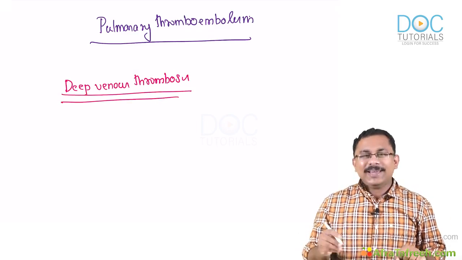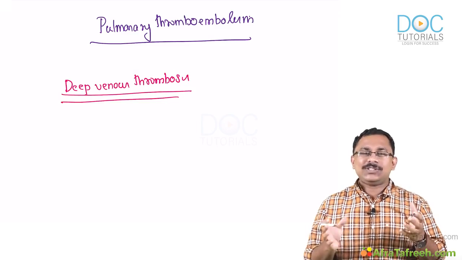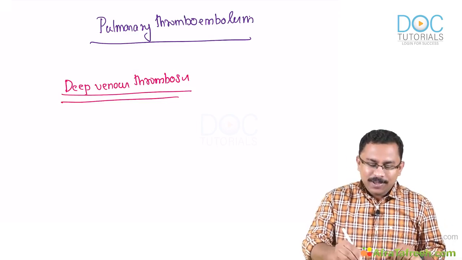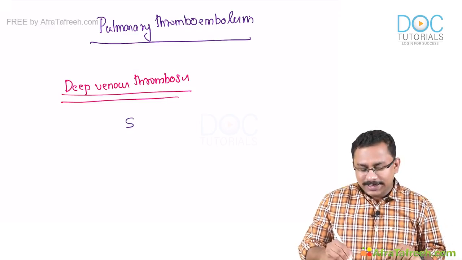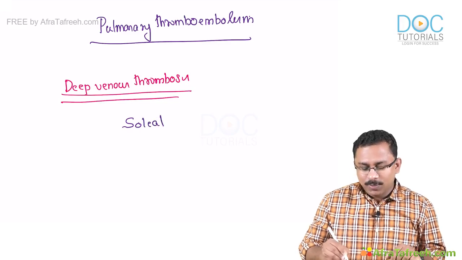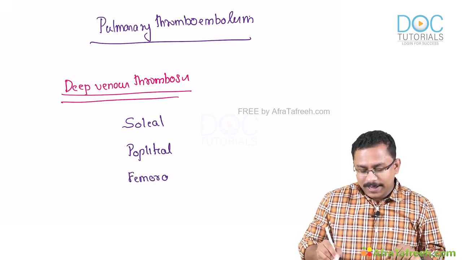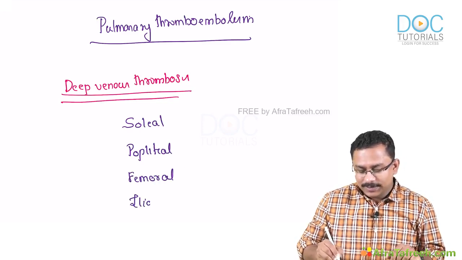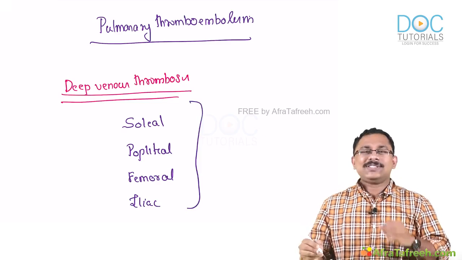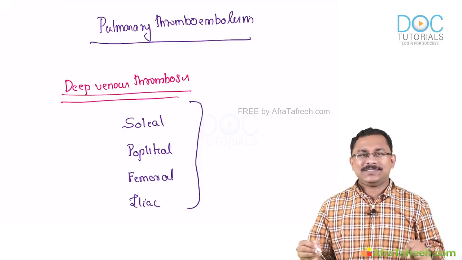So what are the veins which could act as sources for this embolic event? Often it is the lower limb veins, including your soleal vein, the popliteal vein, the femoral vein, and your iliac veins. So all these veins would serve as the source of thrombus.